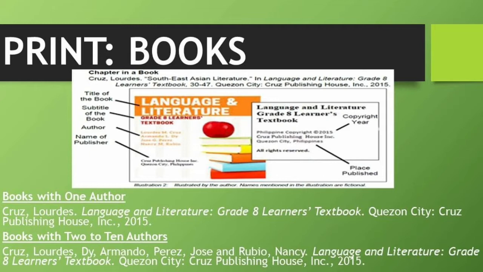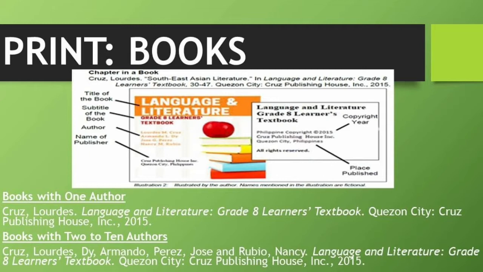The title of the book is Language and Literature, Grade 8 Learner's Textbook. And the place where it was published is Quezon City, and the name of the publisher is Cruz Publishing House Incorporated, followed by the year of publication, which is 2015.